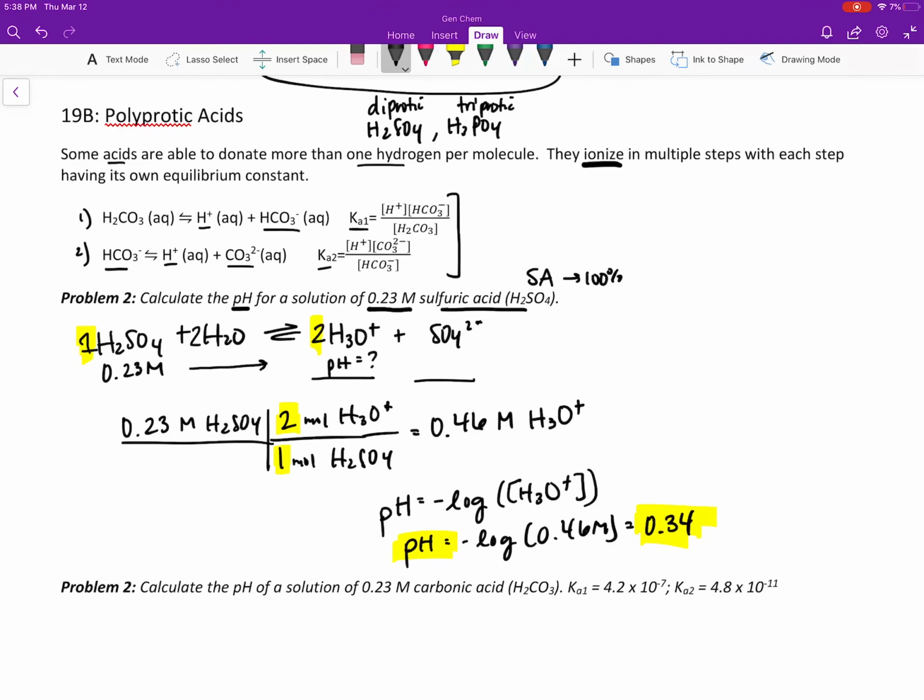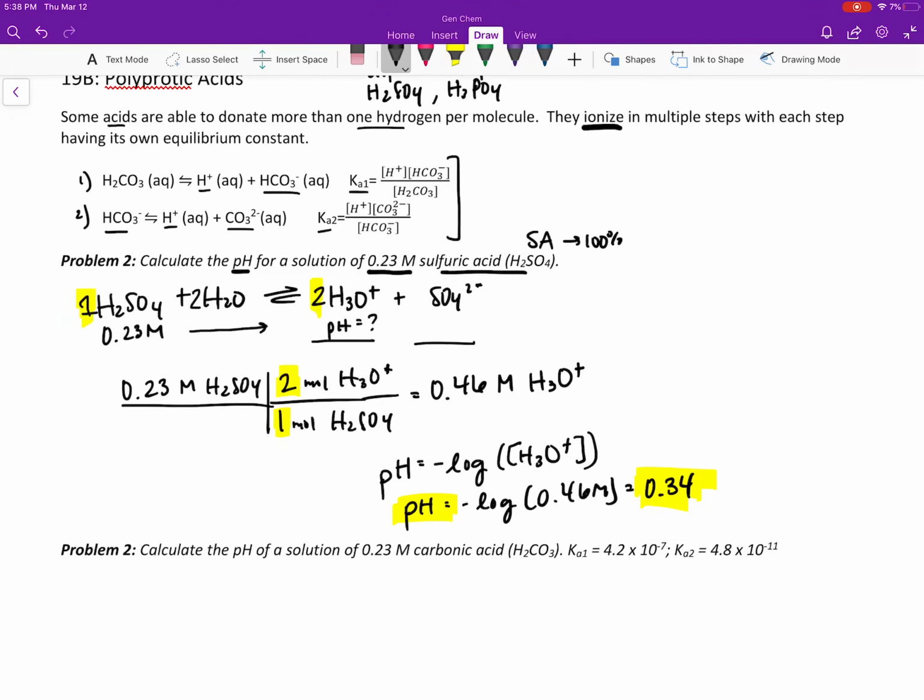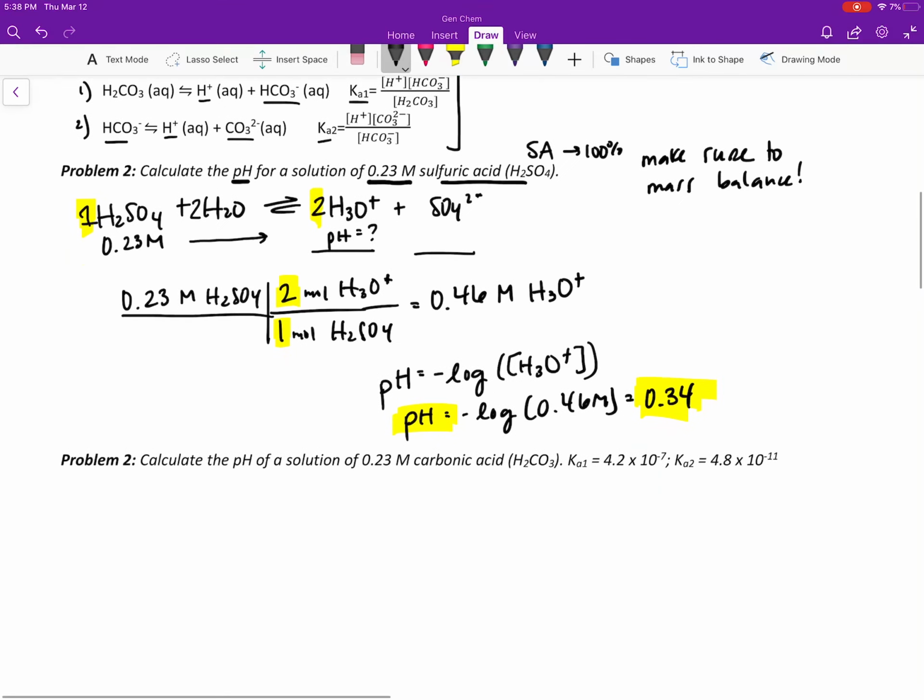So when it's a strong acid and it's polyprotic, make sure to mass balance. If it only has 1 proton, so HCl, HBr, HI, HNO3, HClO4, it's 1 to 1, so we take it for granted and don't necessarily worry about mass balancing, but when it's polyprotic, we need to make sure we do.